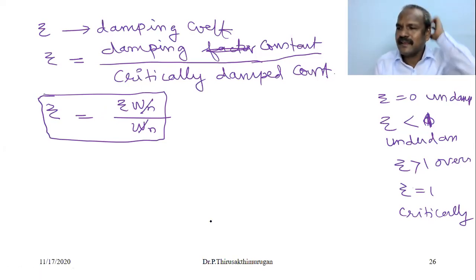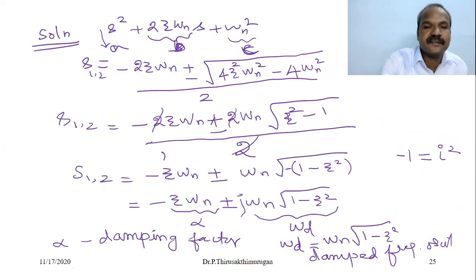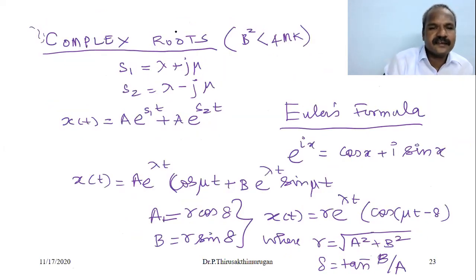So here, when we compare with this expression, we actually discussed complex poles. For complex poles, s1 equal to lambda, the real value, plus mu, the imaginary value.